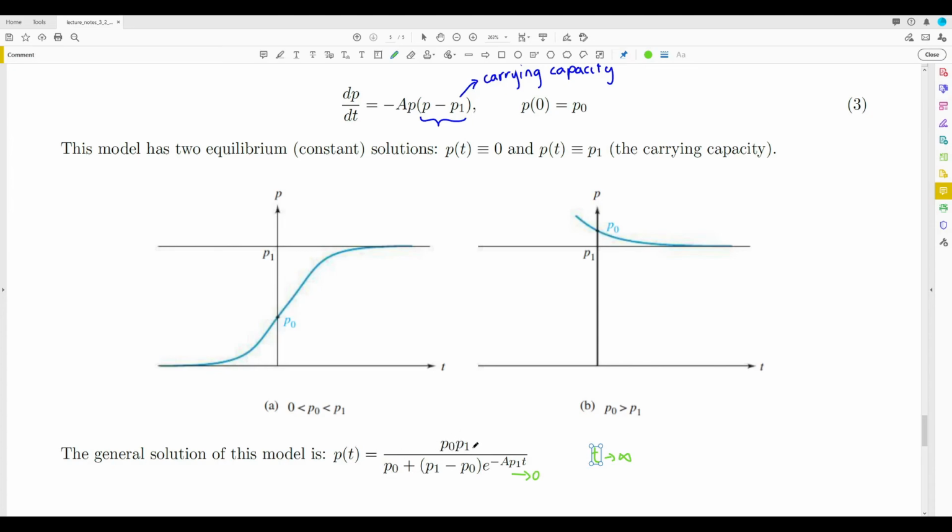This is a constant p naught p1. So if t goes to infinity, we actually see that p of t goes to p naught p1 over p naught plus 0, right, which simplifies to p1. So we see that t going to infinity implies that the population will reach that equilibrium solution.